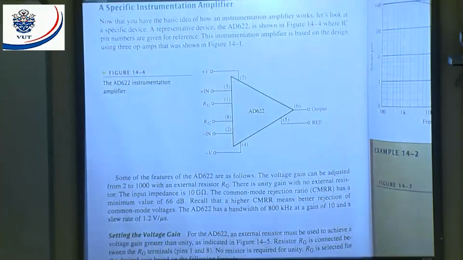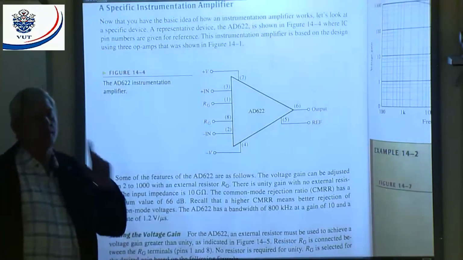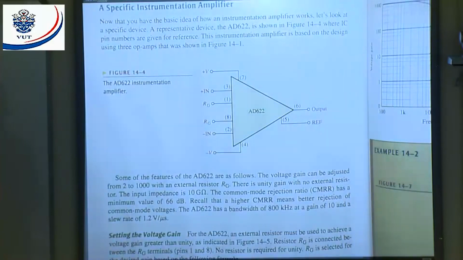They say some features of the AD622 are as follows. The voltage gain can be adjusted from 2 to 1000 with the external resistor RG. There is unity gain with no external resistor. That means if I don't apply anything to these terminals, it will have unity gain. That means then it will have a gain of 1.